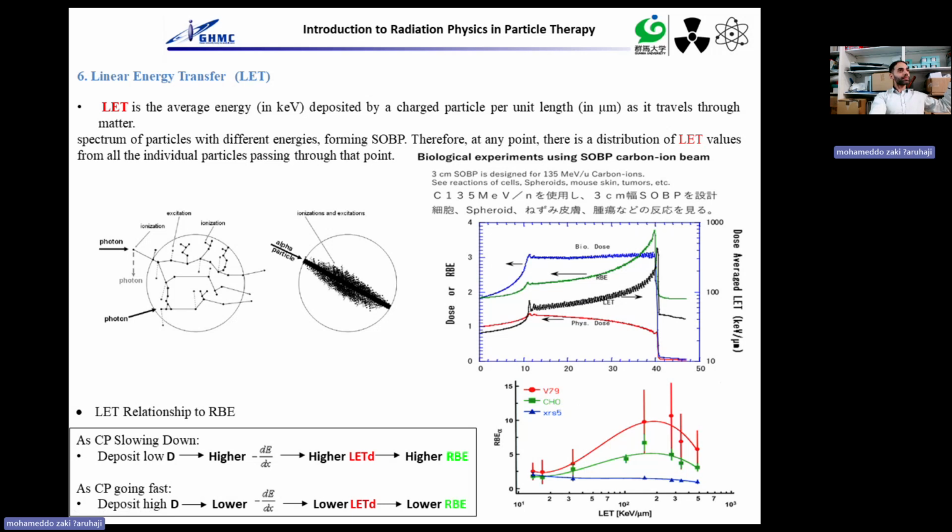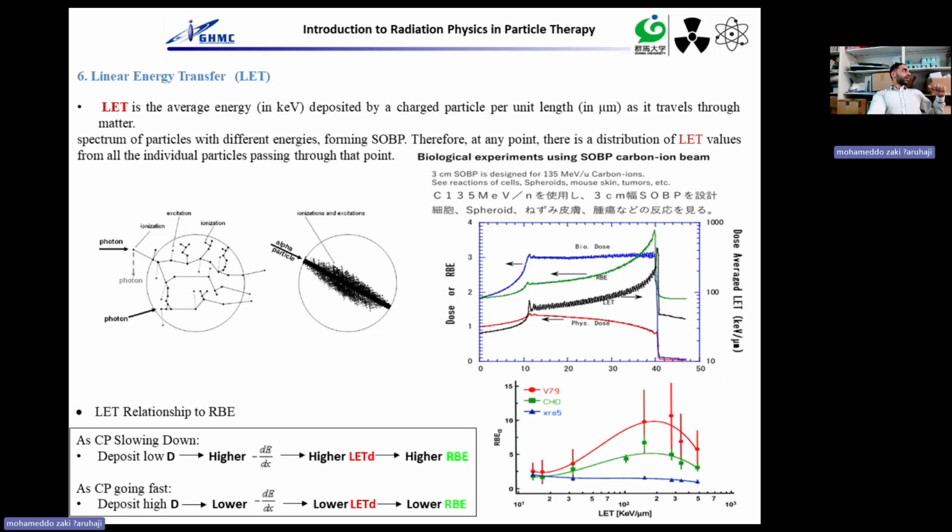If you go to the Bragg peak, for proton and carbon ion, is it the same? No, RBE for carbon ion is not the same as proton. Proton and photon RBE is slightly the same: one of them is 1 and the other is 1.2. RBE for carbon is higher than photon.